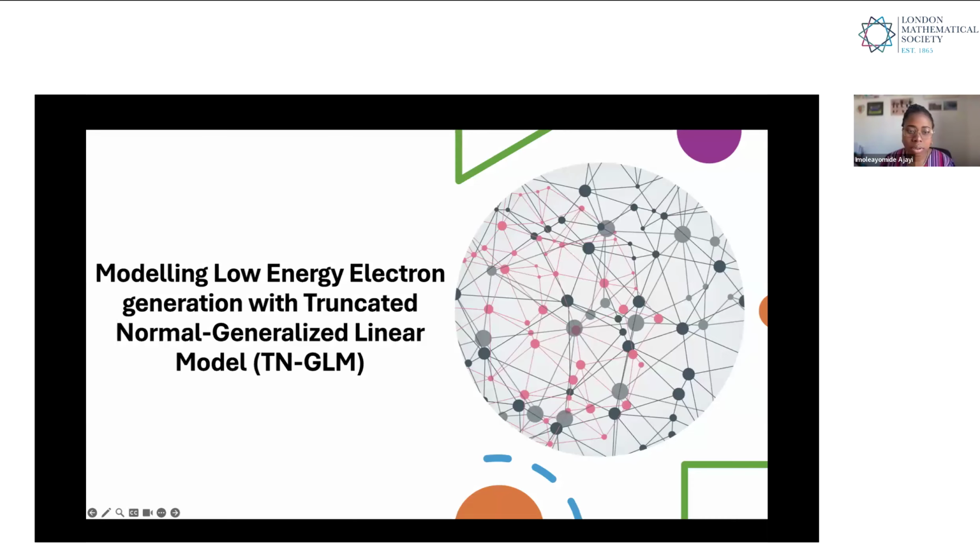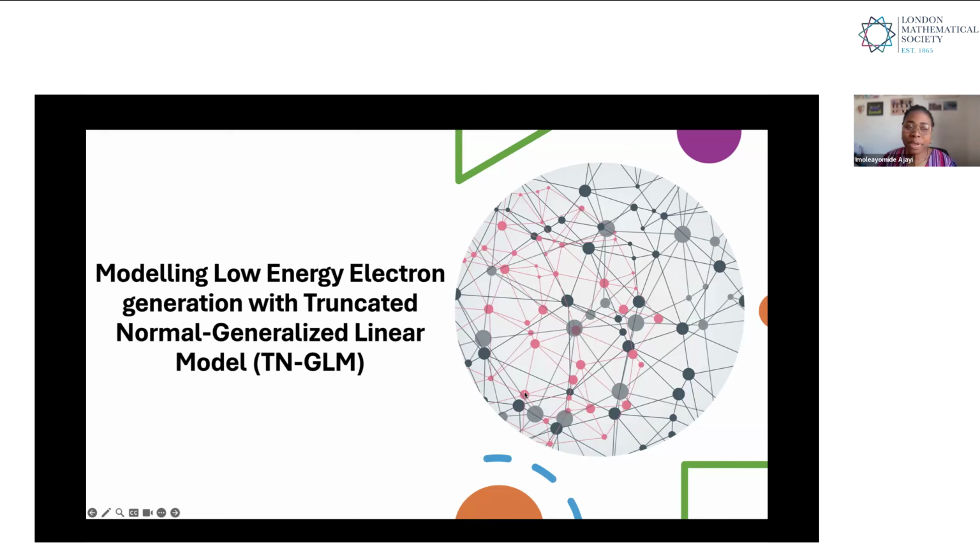Share. And that's all good. We got modeling low energy electron generation with truncated normal generalized linear model, well, that is half your PhD thesis already. It's just one part of my research I'll be sharing with you today. Yeah. I hope there's no word count on your PhD. So here we go. Right. So the floor is yours. Thank you, Professor Naira.